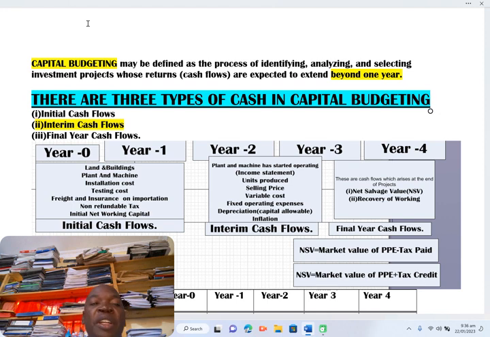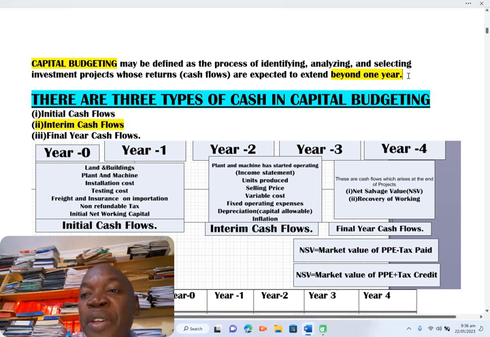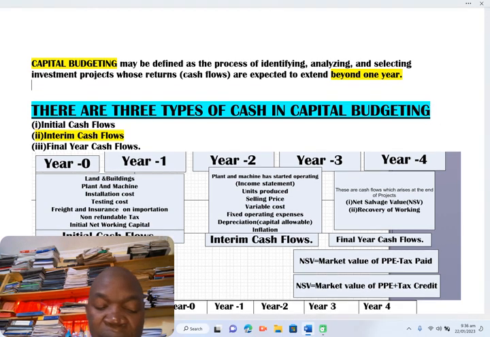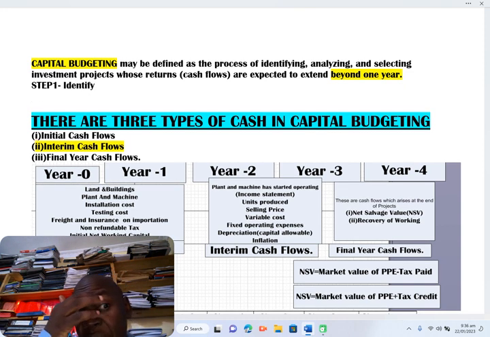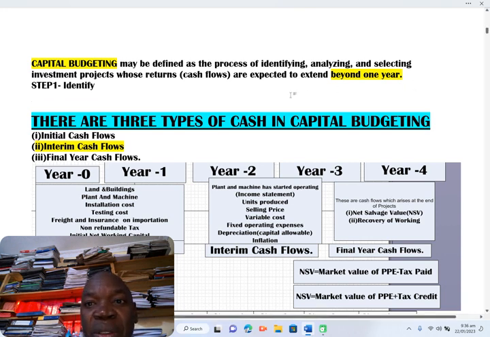First of all, in capital budgeting, we have the following steps. Step number one, you identify the cash flow.